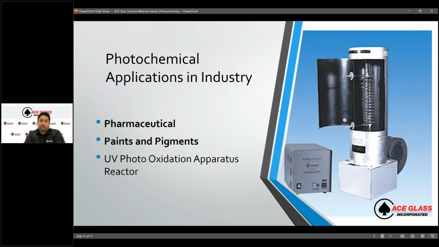Now, as we all know, the photochemical applications extend into pharmaceuticals, paints, and pigments. So what we're looking at on the right-hand side is a photooxidation apparatus reactor, which basically allows us to run photochemical reactions continuously.